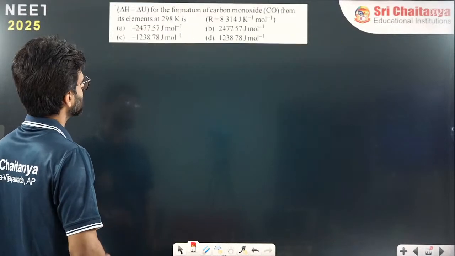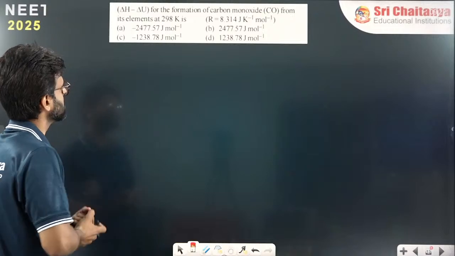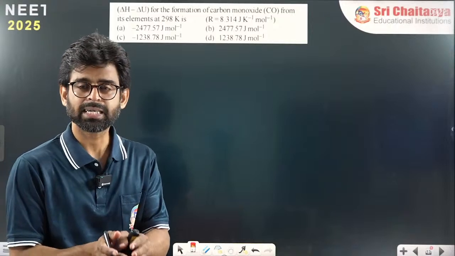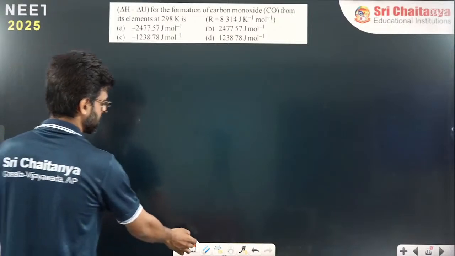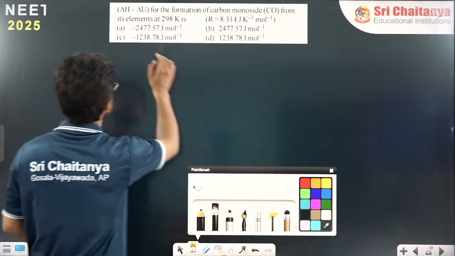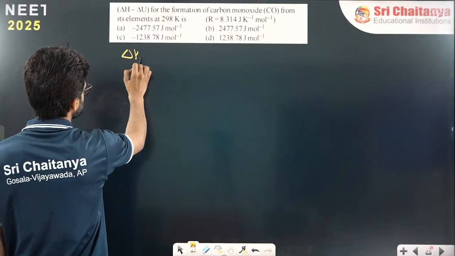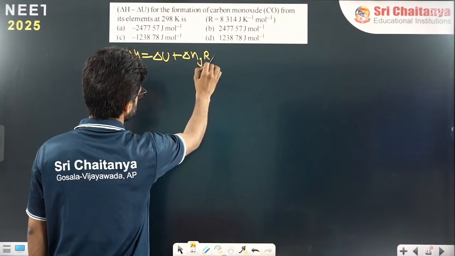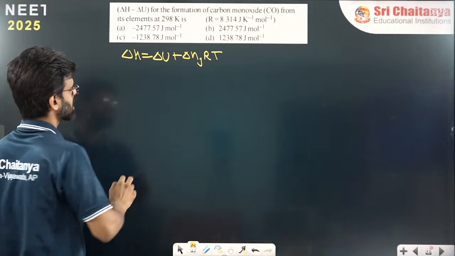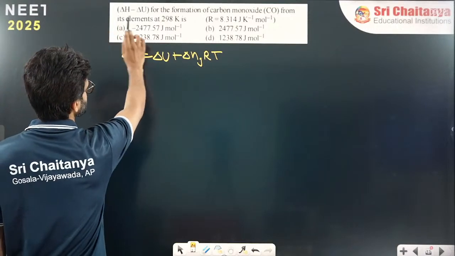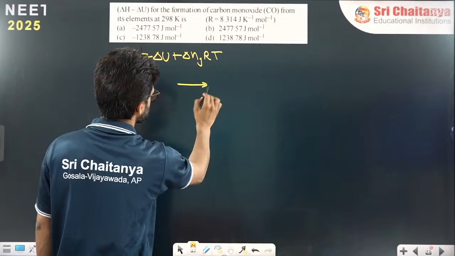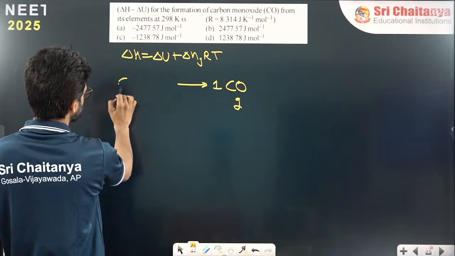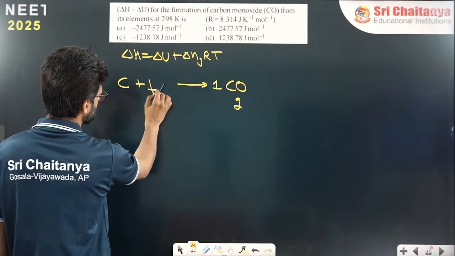Easy to find. The next thing is delta H and delta U for the formation of carbon monoxide. They are asking the difference of delta H and delta U. We know very well the relation between delta H and delta U. The relation is delta H equals delta U plus delta Ng RT. So first of all, let us write the reaction here. Formation of carbon monoxide, CO. CO is a gas. How do we make it? From the simplest constituents, carbon and half of O2.